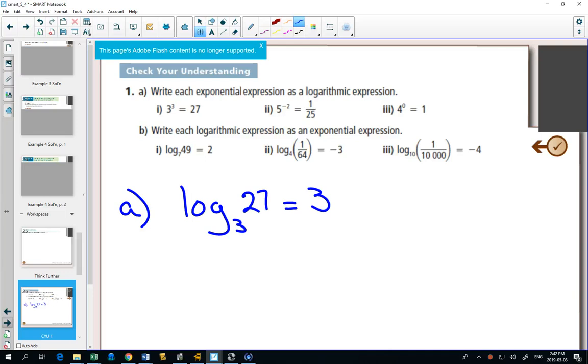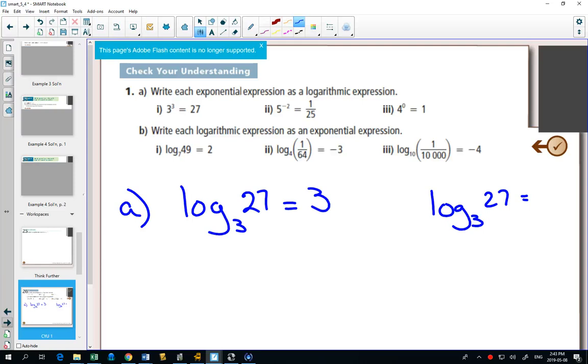When I see a logarithm, like if someone said, what's the answer to log 3 of 27? I always change it to an exponential because you're much more comfortable with exponentials. When you see log 3 of 27, right now it just looks like the word log and some numbers, and you don't really have a relationship with this logarithm form or anything like that.